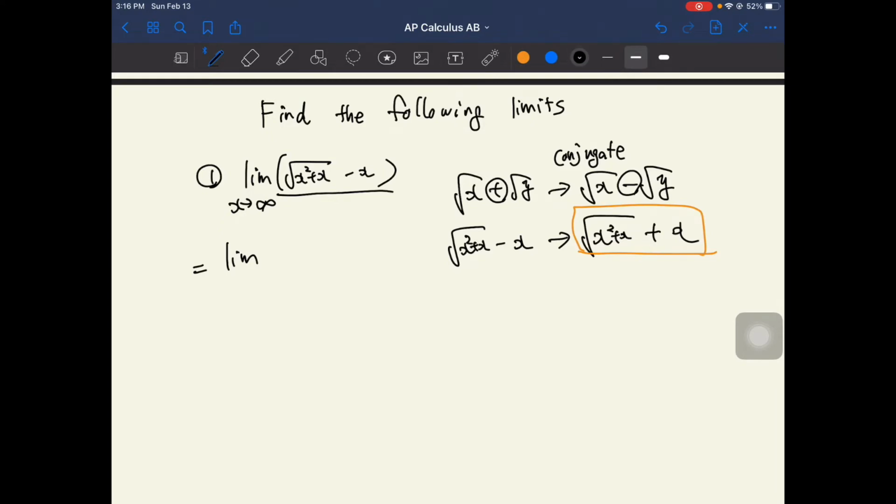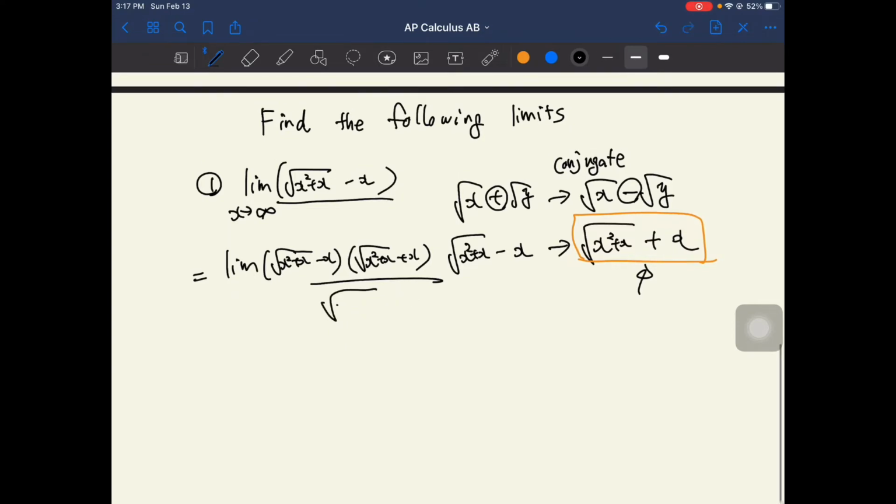So what do you do with this one? It's really simple. You have to multiply this one on top and the bottom. Then you don't need to change the value. Let's see. Square root of x squared plus x plus x over square root of x squared plus x plus x.